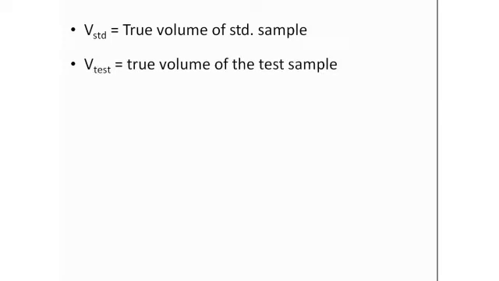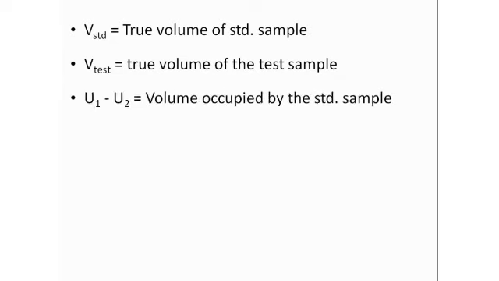Now how you are going to determine? It's a simple calculation, just see. So VSTD, the V standard, is the true volume of the standard sample. Clear? So the standard sample was the sphere of stainless steel ball, right? The V test is the true volume of the test sample.